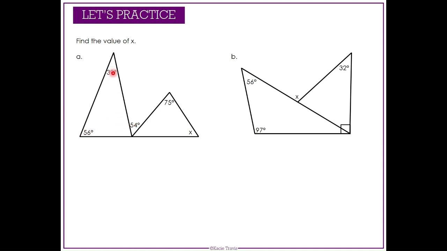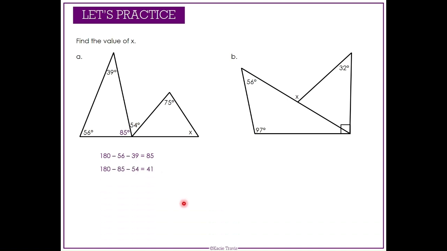So I know that these two angles and this blank one add up to 180. So if I take 180 and subtract 56 and 39, I get 85, which is this angle right here. Now that I got this, I can use what I know about straight lines, which lets me know that 54 and 85, and whatever this blank one is, all make up a straight line.